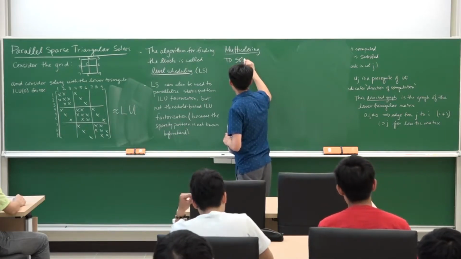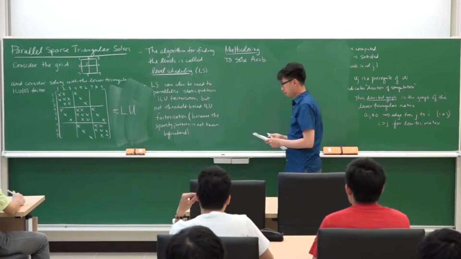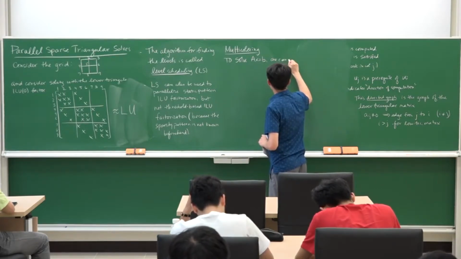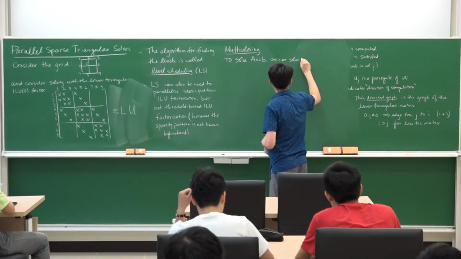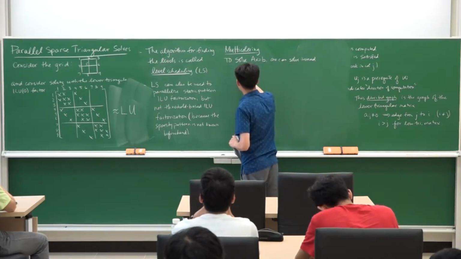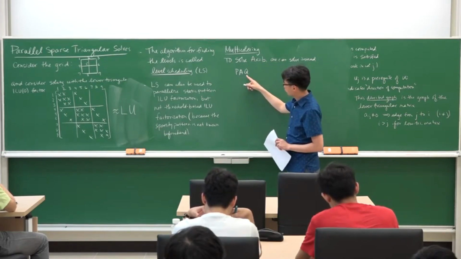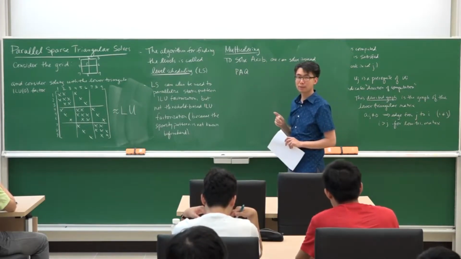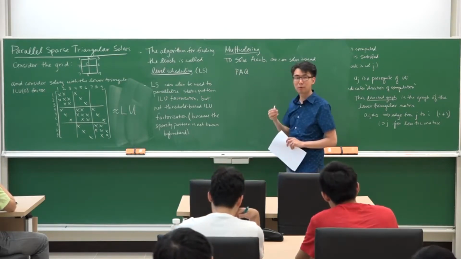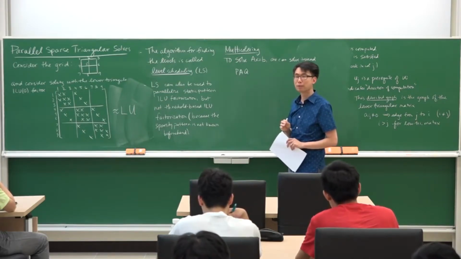So let's say you're trying to solve AX equals to B. You can solve instead a reordered problem. So that's the reordered matrix where P and Q are permutation matrices. I think last time I wrote P, A, P transpose, so that would be a symmetric permutation. In general, the permutations do not have to be symmetric.